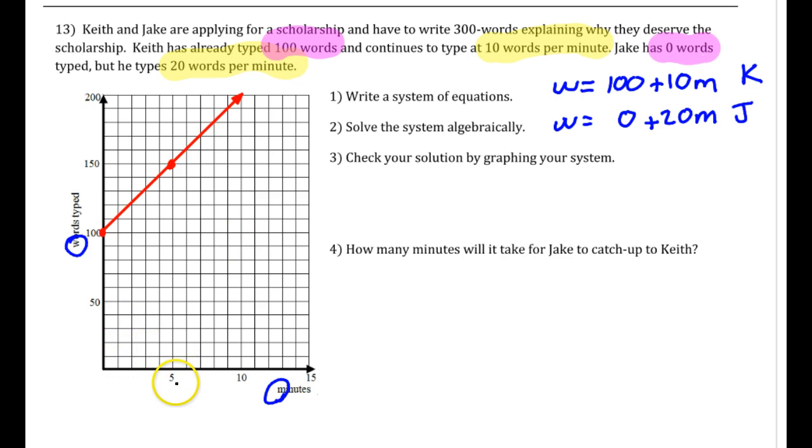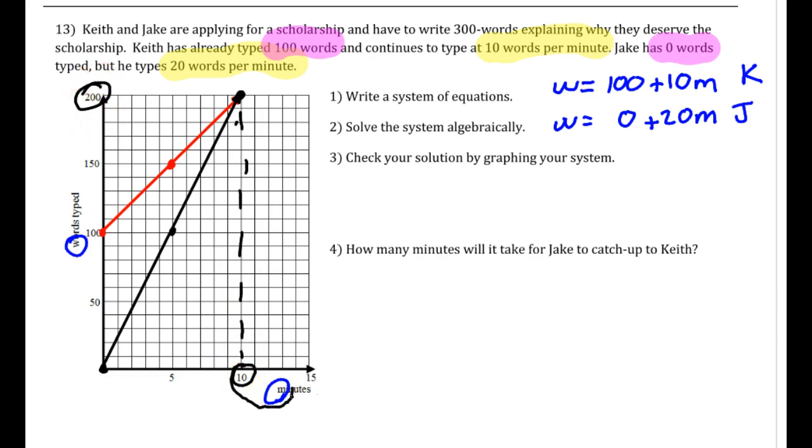So after 5 minutes, 5 times 20, that's 100. So after 5 minutes, he's already going to be at 100 words. And there you can see where they intersect. It takes them 10 minutes, and then they'll both have 200 words.